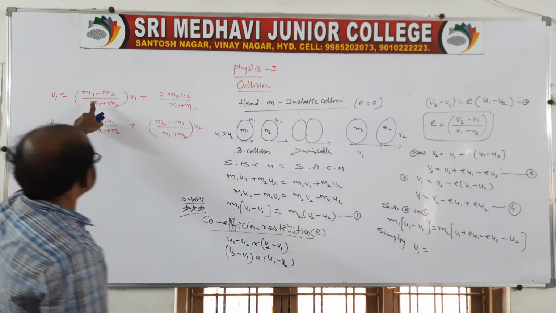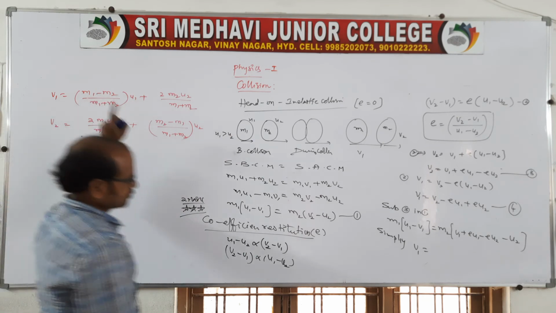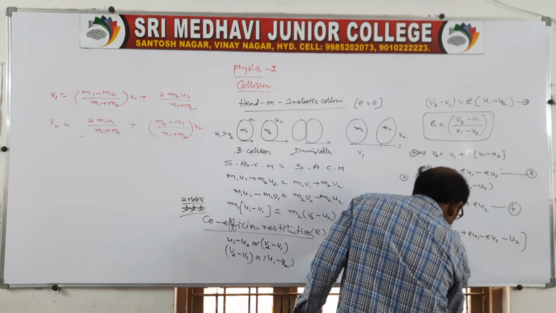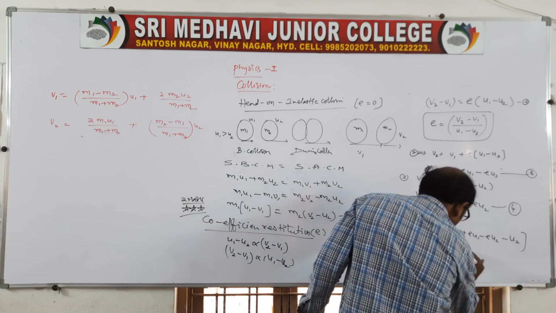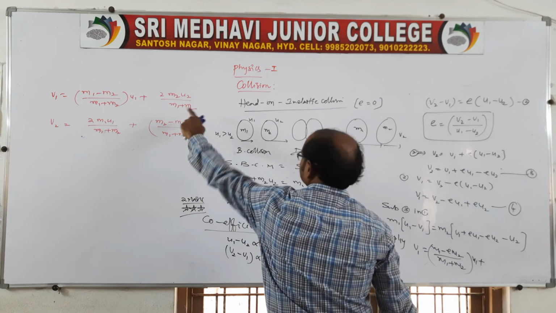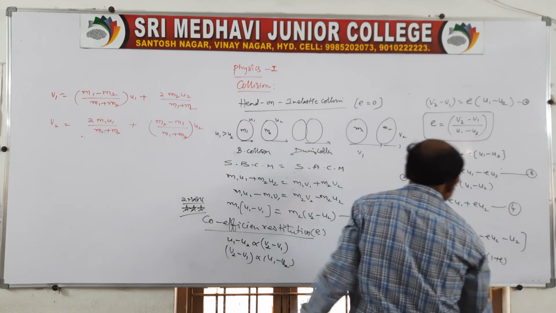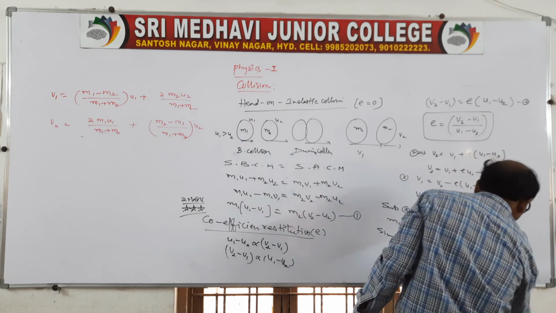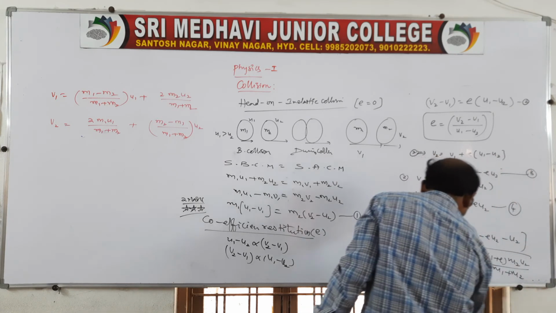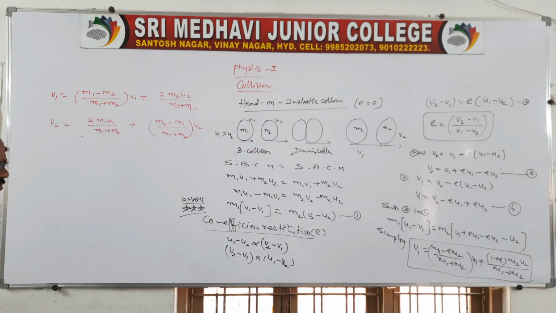Here it is simple: v1 is equal to m1 minus E m2 by m1 plus m2 into u1 plus 1 plus E m2 u2 by m1 plus m2. This is for the case of an inelastic collision, the final velocity of the body.